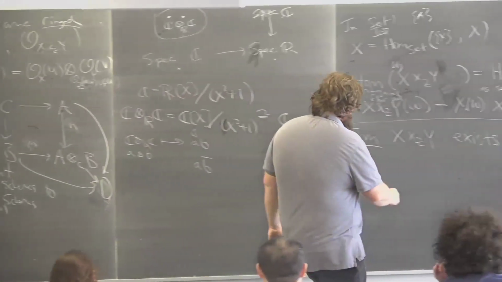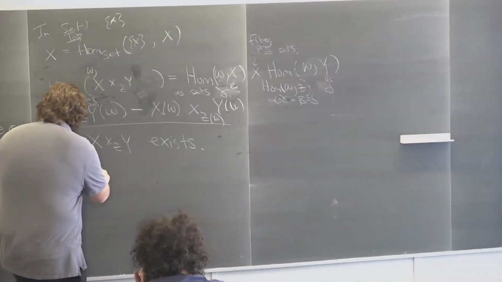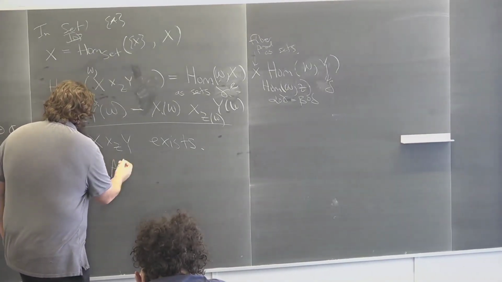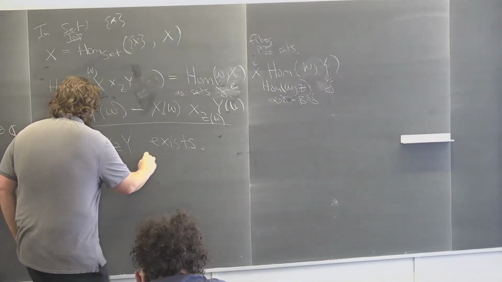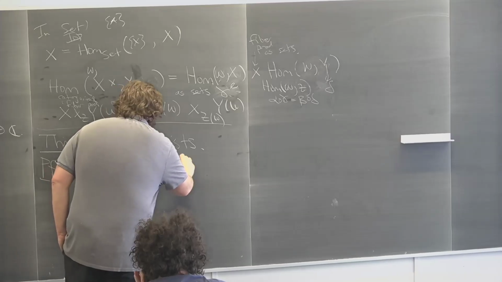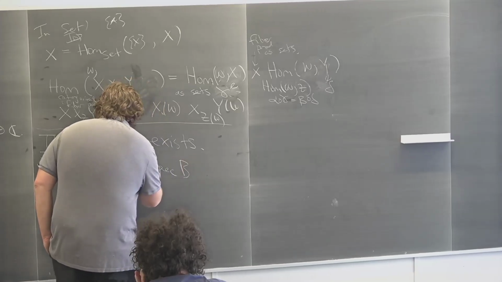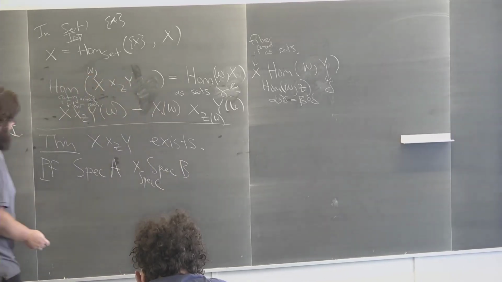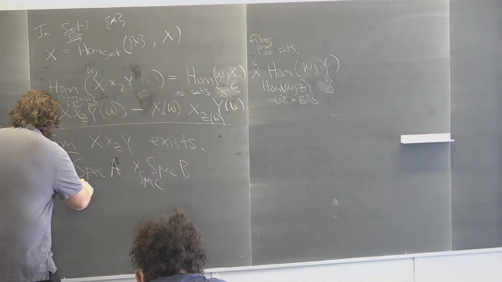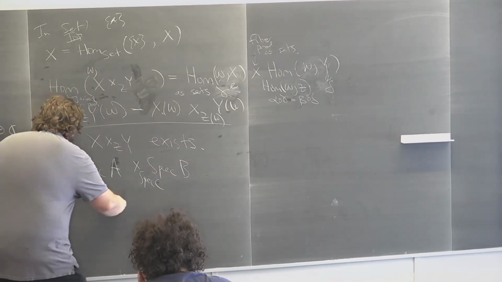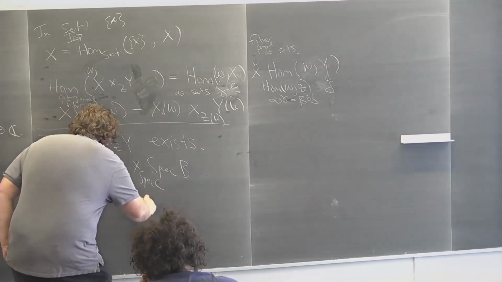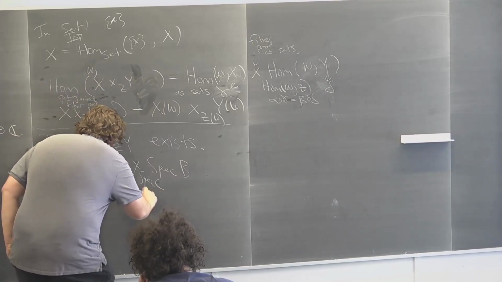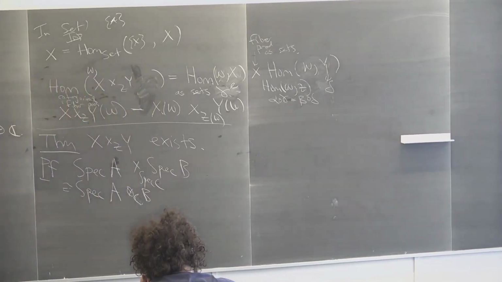That's tensor product. So almost by definition, if I take Spec A and Spec B, and I take Spec C, then this fiber product is isomorphic to Spec of A tensored with B over C.